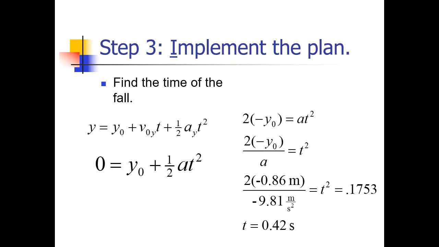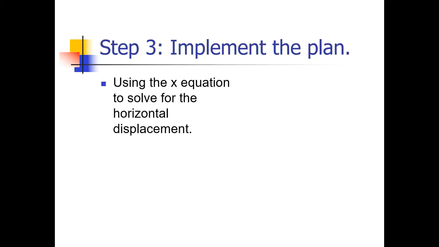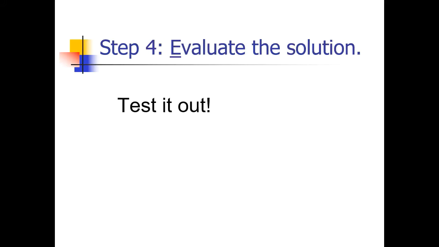Substituting now negative 0.86 meters for y naught and negative 9.81 meters per second squared for a gives us that t squared is equal to 0.1753, which means that t is the square root of that number, so it would be 0.42 seconds. Now we know the time, so we can find the horizontal displacement from that. We just take our horizontal velocity and multiply it by 0.419.